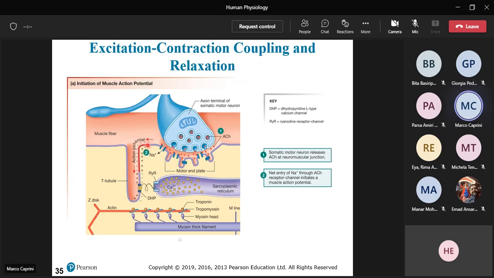So the action potential moves from the outside part of the muscle fiber till the deepest part of the muscle through the T-tubules. So, which type of ion channels should be present here in the red part, all along the T tubules? What do you think?